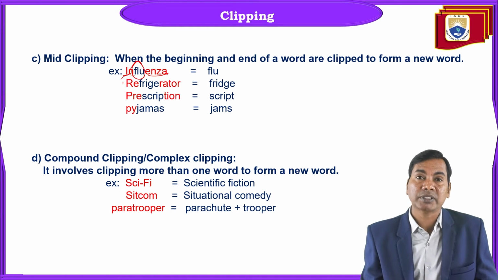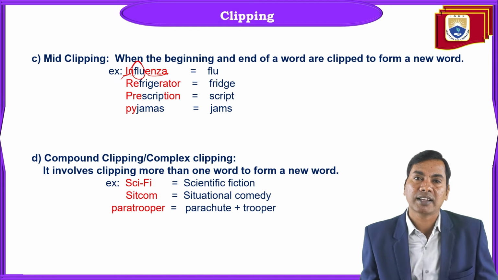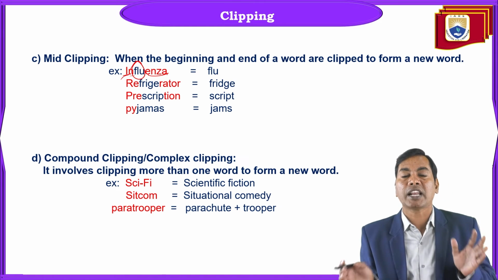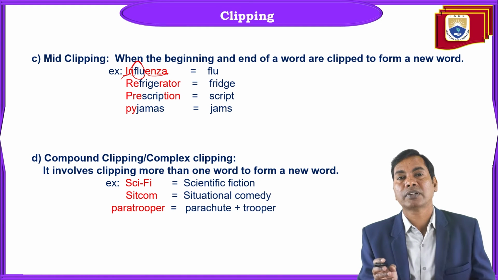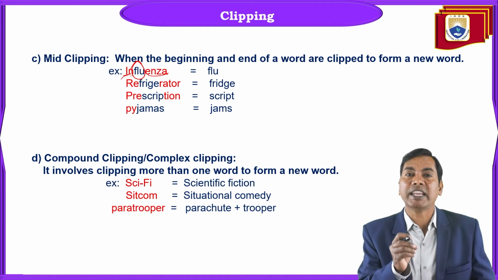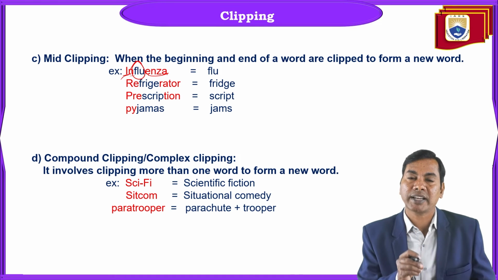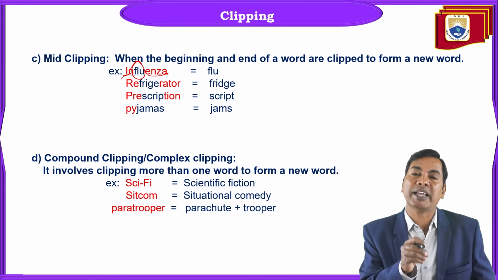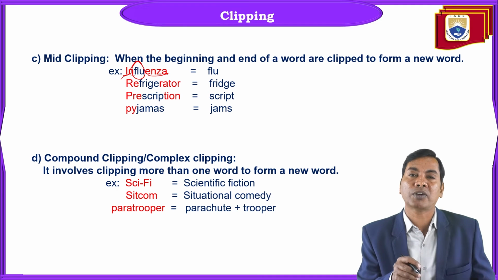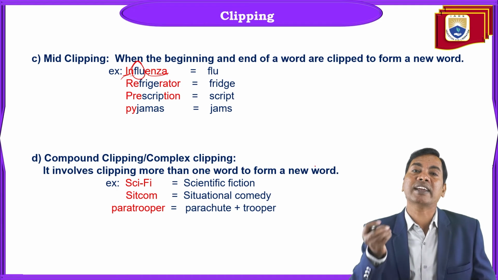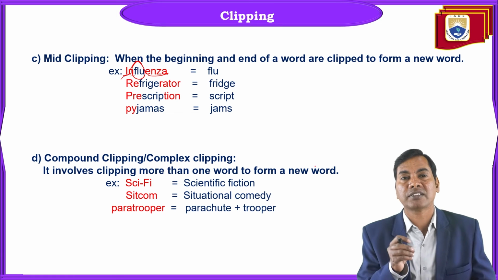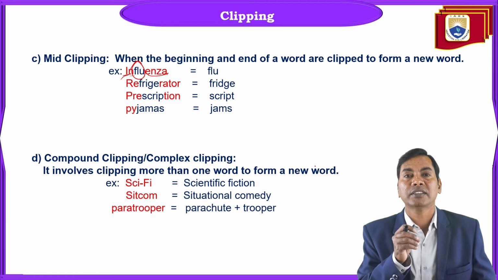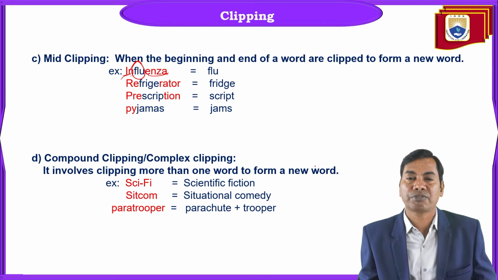The middle part. So this is what is called middle clipping. Middle clipping means removing the front and back part of a certain word and using the remaining part, which is there in the middle, right? The remaining middle part will remain and we use that middle part in our communication. We create a new word by removing the front and back part of a certain word and use the middle part of the word for our communication, which is called mid clipping.